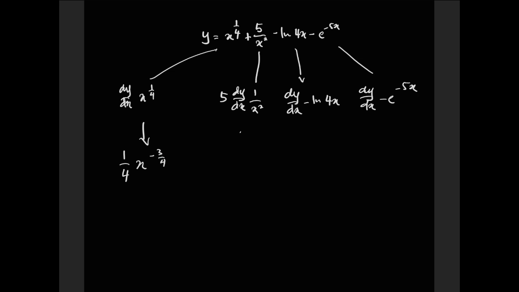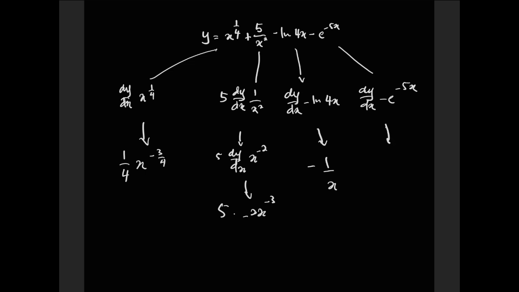Right, and for this one, first we change it into power form, so it becomes x to the power of negative 2. Then we differentiate it, so we get 5 times negative 2x to the power of negative 3. And as for this one, nothing changed. We're just going to do its derivative.